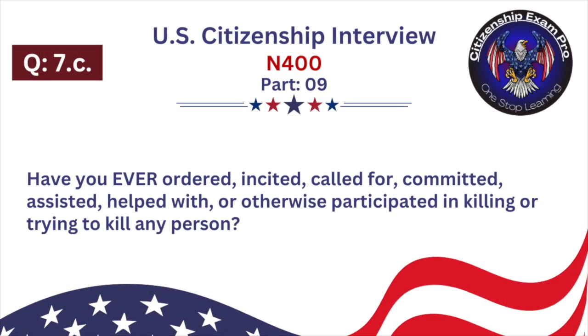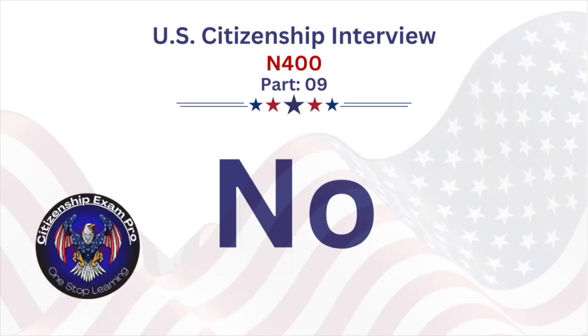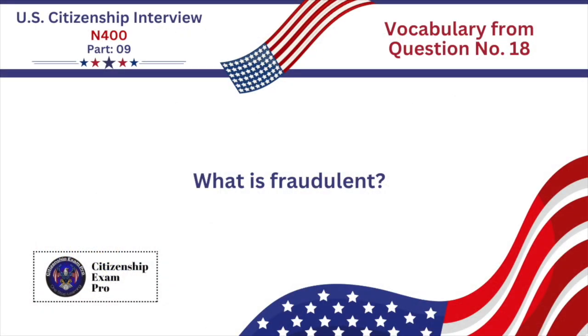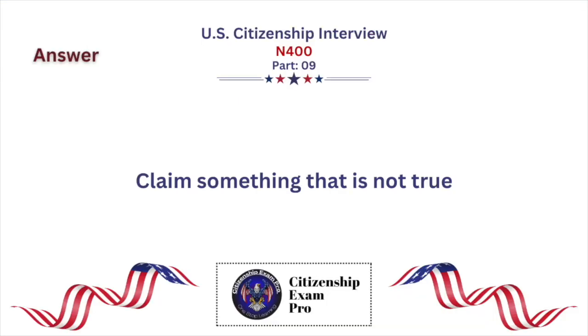Have you ever ordered, incited, called for, committed, assisted, helped with, or otherwise participated in killing, or trying to kill any person? No. What is fraudulent? Claim something that is not true.